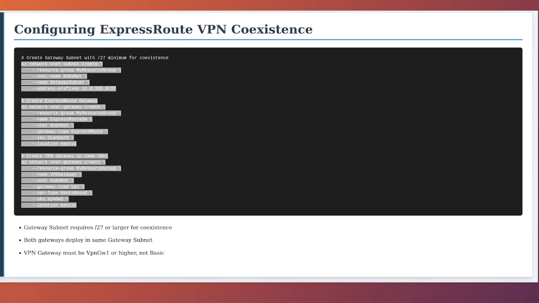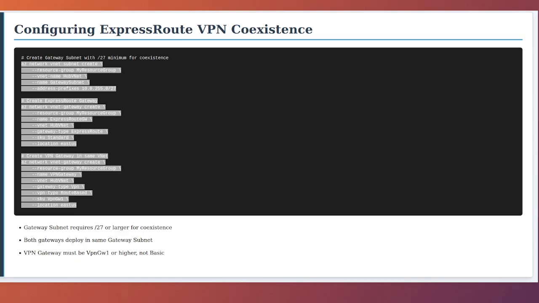The VPN type parameter specifies route-based, which is required for coexistence scenarios and enables dynamic routing through BGP. The SKU parameter uses VpnGw1, which is the minimum SKU supporting coexistence. The Basic SKU does not support coexistence with ExpressRoute. The location matches the ExpressRoute gateway at East US. This deployment also takes 30 to 45 minutes.